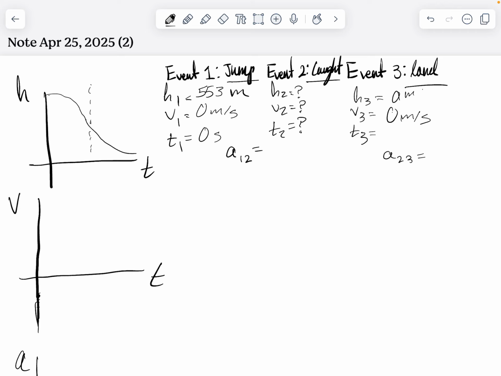We know A12 because they're going to be falling, so that's just gravity, 9.8 meters per second squared, or meters per second per second.